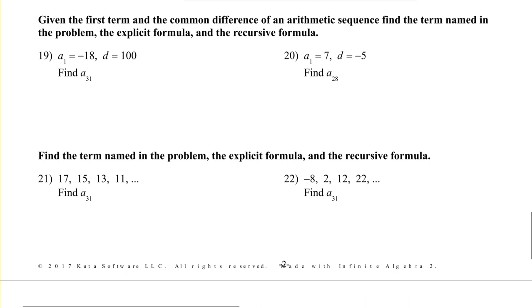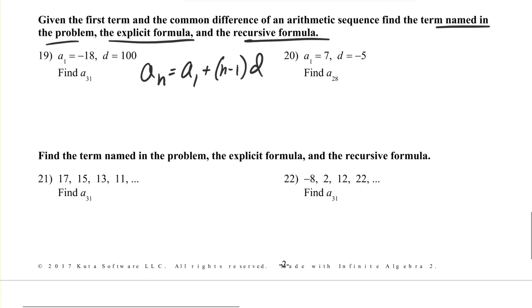Given the first term and the common difference of an arithmetic sequence, find the term named in the problem, the explicit formula, and the recursive formula. So a sub n equals the first term plus the quantity n minus 1 times d. So we're just plugging stuff in.